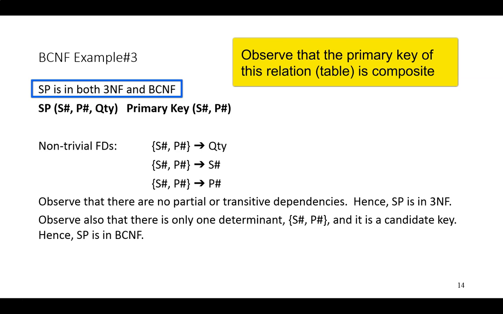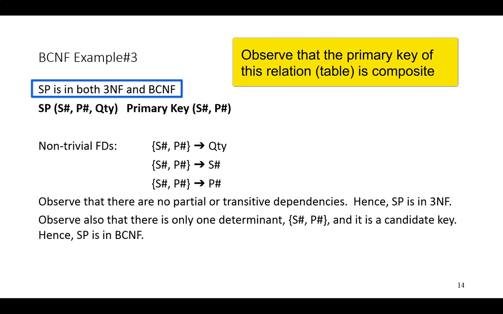The functional dependencies show us that S number, P number as a combination determines quantity, determines S number, determines P number, and that satisfies the idea of being a candidate key and subsequently a primary key. There are no other functional dependencies. We note that there are no partial or transitive dependencies. Hence, by definition of third normal form, SP qualifies for third normal form.